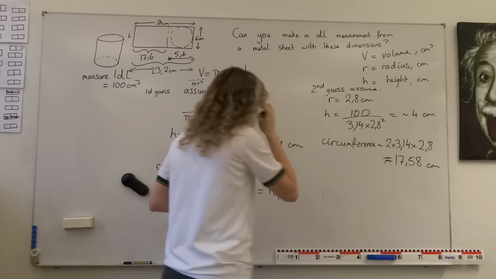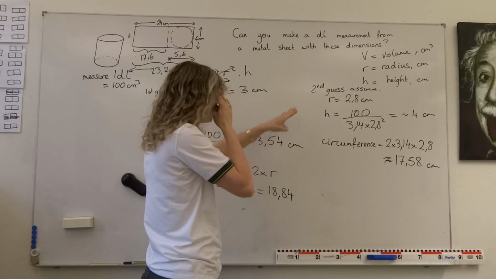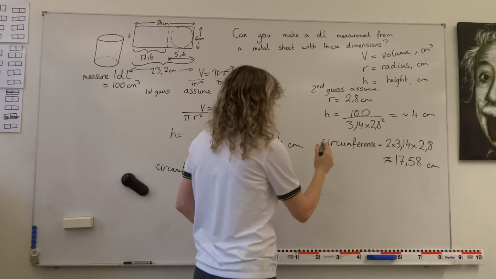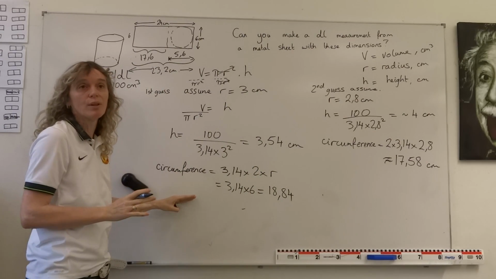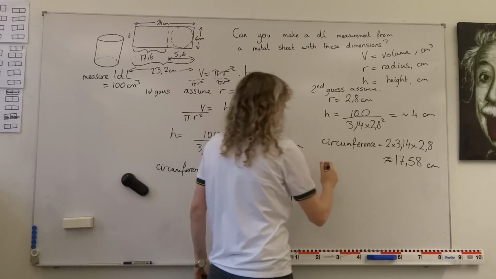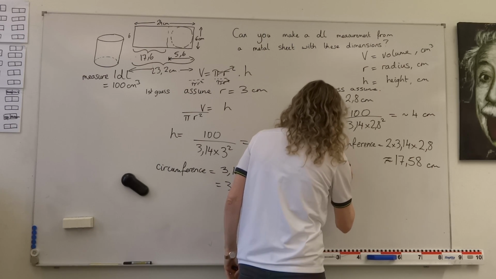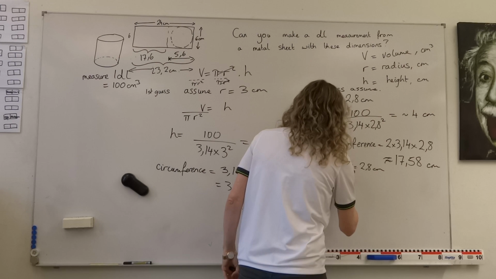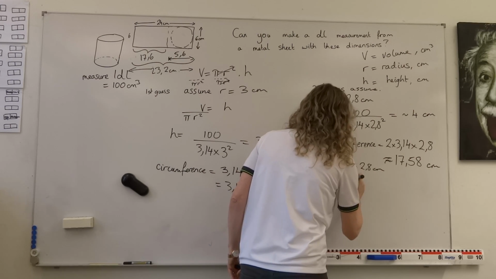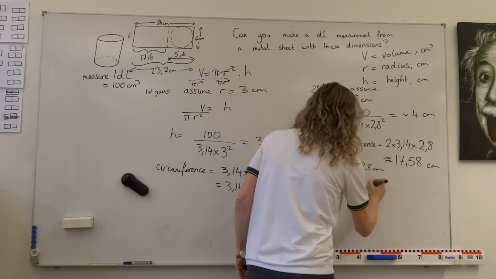So what do we do to make sure that we've done everything right? Well, we would explain our working out, which of course is going to take a while with this one. We'd have to show that when r equals 2.8 centimeters, the minimum height necessary would be 4 centimeters.